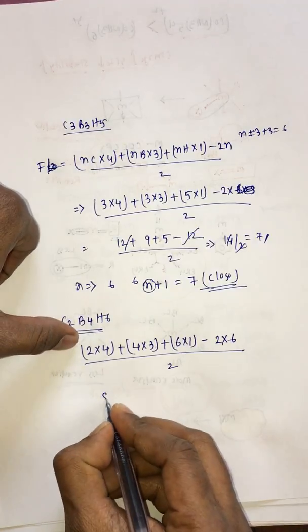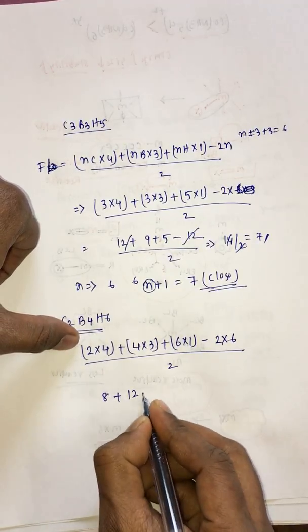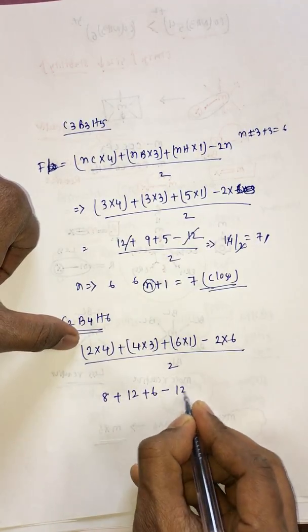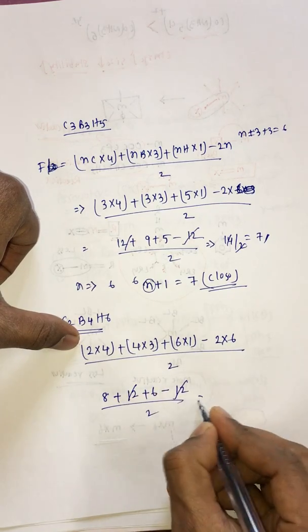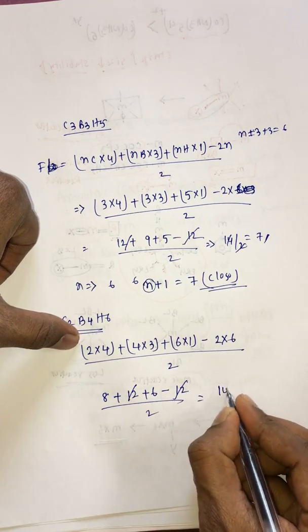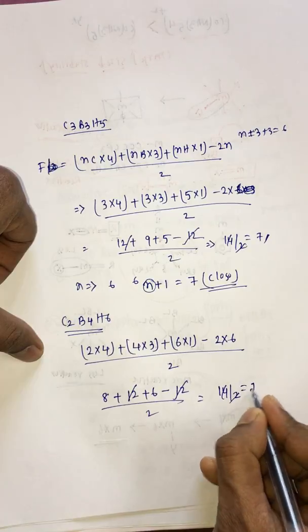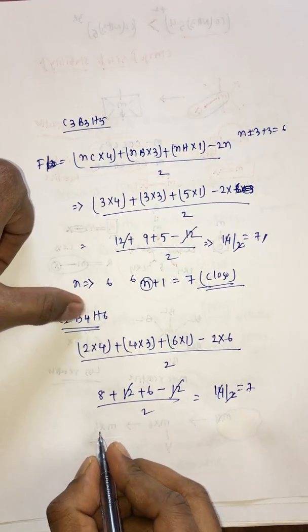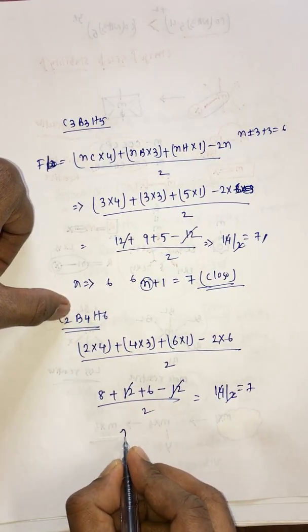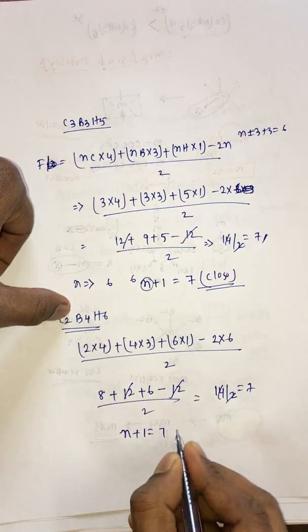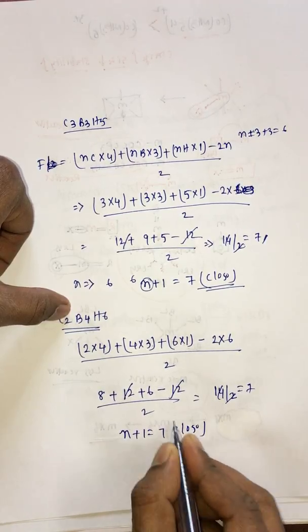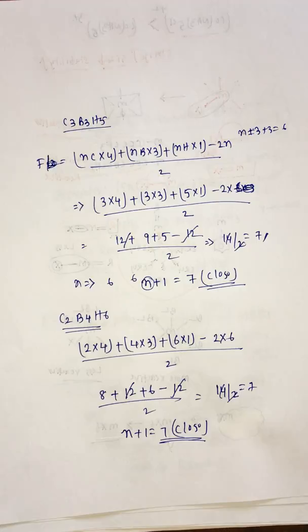So this will be 8 plus 12 plus 6 minus 12. This gets cancelled. 8 plus 6 will be 14 by 2 equals to 7. So here the number of boron atoms equals to 4 plus 2, 6. So n plus 1 is equals to 7. So this also comes under closo.